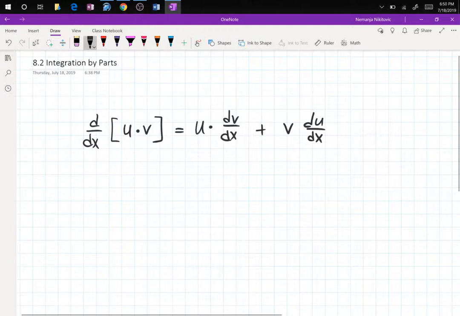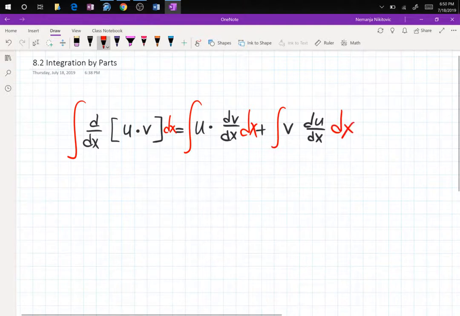What I'm going to do now is integrate both sides. So I'm going to put the integral, dx, on each side. When I integrate everything, because it's a plus on the right-hand side, the integral will distribute on each of the terms.